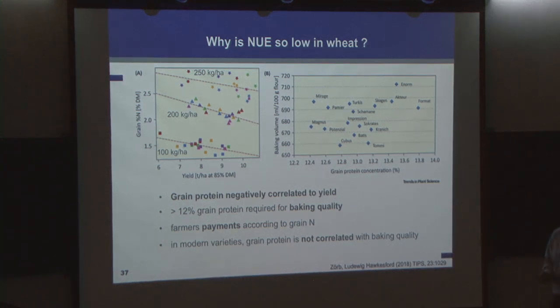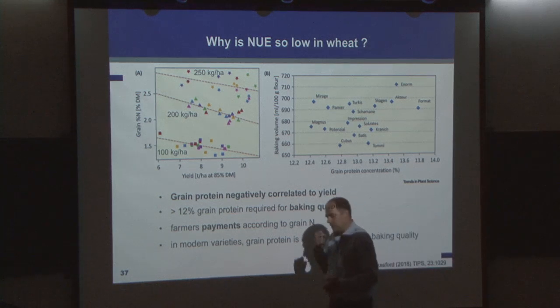We suggest that the farmers should not be paid according to grain nitrogen. And especially, we don't need such high grain protein for feeding animals with this wheat. So for certain other wheat that is grown in the field as feed, we don't need this baking quality as a parameter.